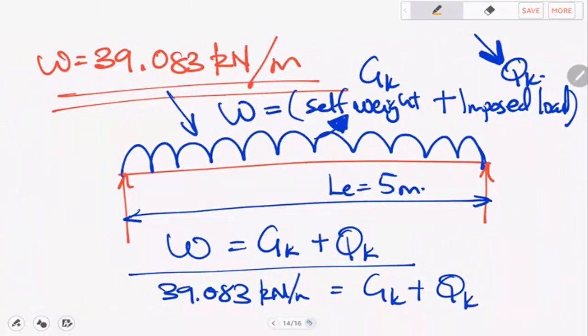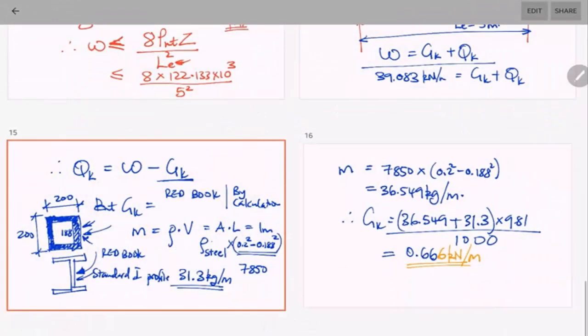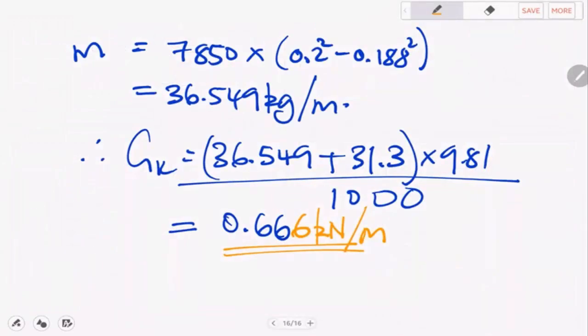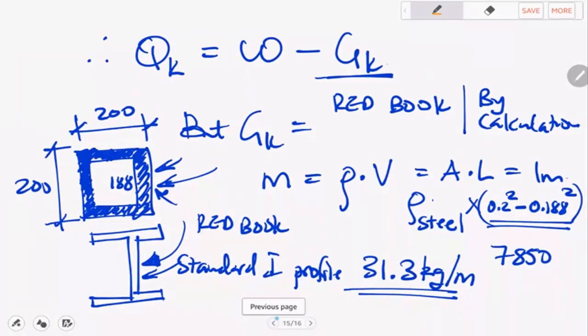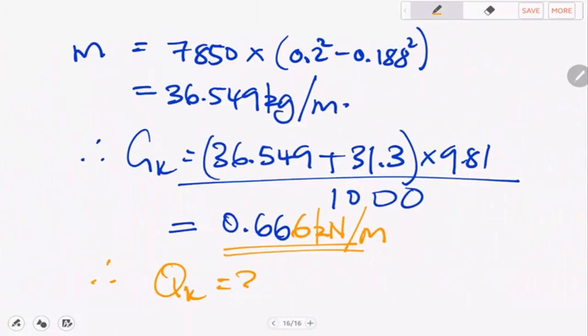So what we can then do is to determine the live load. We then subtract self weight from total load. So therefore QK will be equal to, what is the value of omega? What did we get as omega? 39.083. 39.083 minus 0.666.